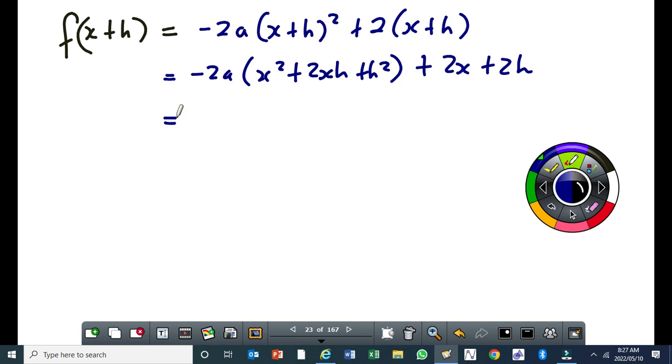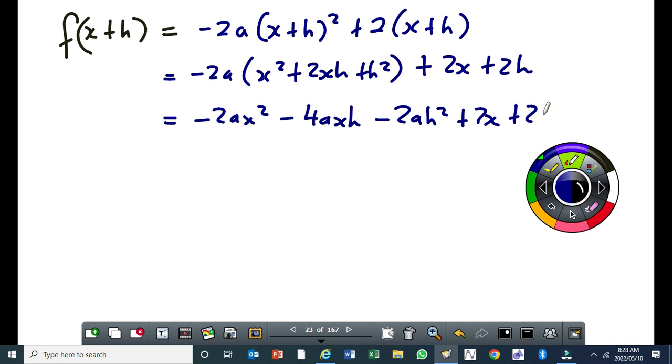This is going to be minus 2ax squared minus 4axh minus 2ah squared plus 2x plus 2h. It's quite a long expression, right?